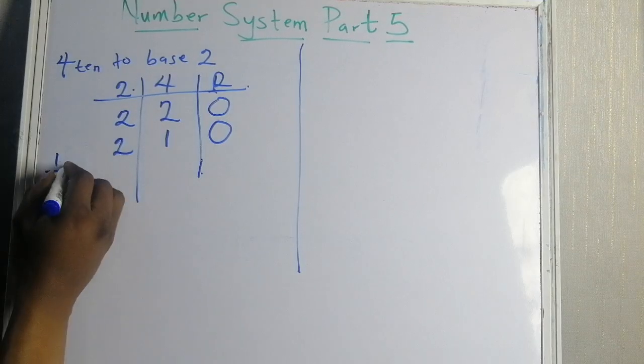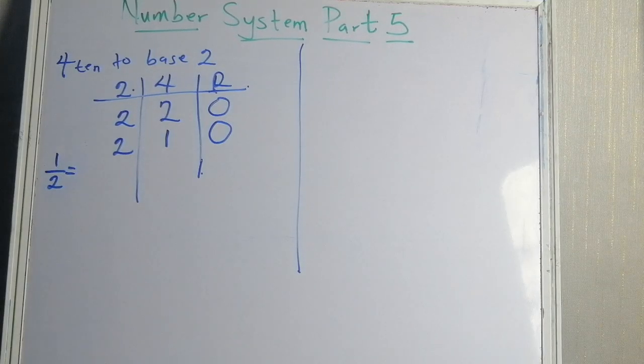1 divided by 2 is not possible. In this case, under number system, 1 divided by 2, if you're converting to base 2, is not possible. We all know that 1 divided by 2 is 0.5 and so on, but in number system, it cannot go. You saw the first one, 4 divided by 2, it went with no remainder. 2 divided by 2, it went with no remainder.